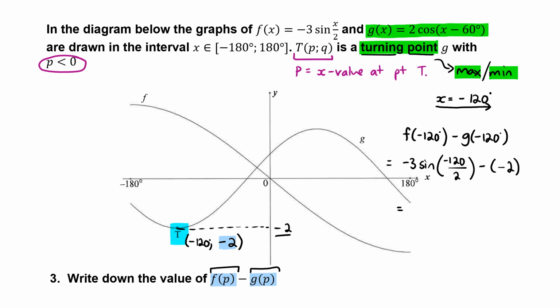And when we plug that into our calculator, it gives us 4 plus 3 root 3 over 2. So quite a difficult question, but it was all about finding that p-value, which was the x-coordinate over there.